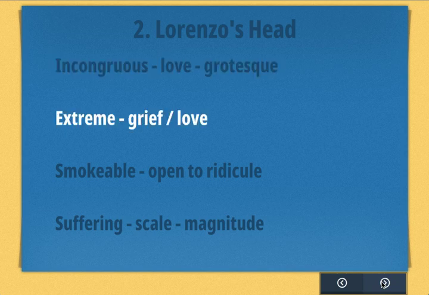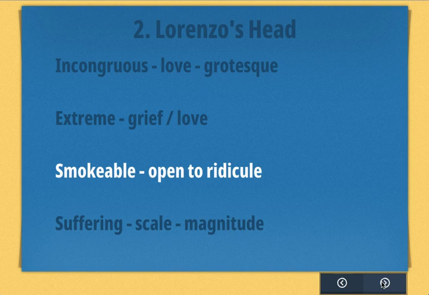And again, I've got there that idea that Keats said that he felt like his poem was too smokeable, and he worried that it was too open to ridicule. Well, perhaps this is a moment where we can see why he might have thought that.